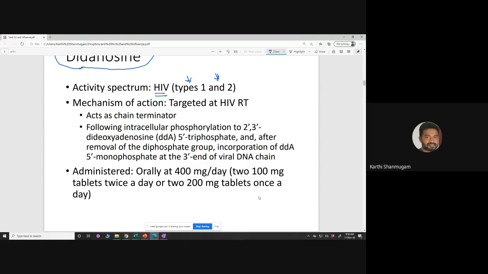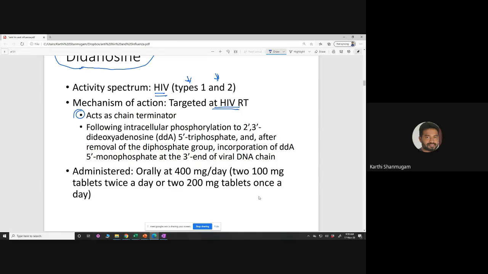Mechanism of action: again, the molecular target for this drug molecule is the same. It acts exactly on HIV reverse transcriptase. The molecular mechanism of any antiviral drug molecule will be almost the same. Since the main function of this molecule is to act as a chain terminator.